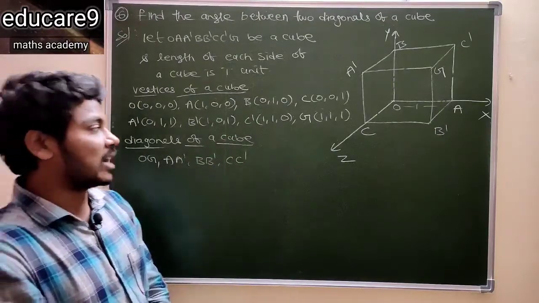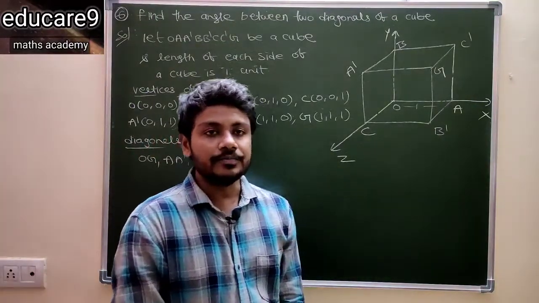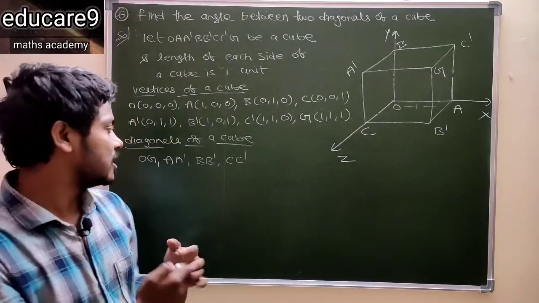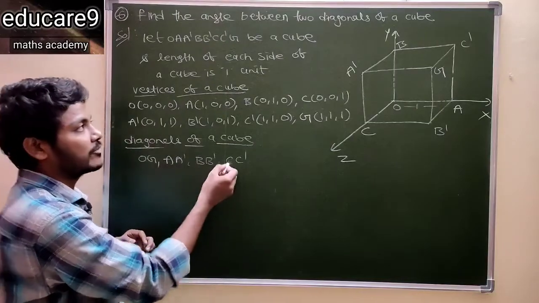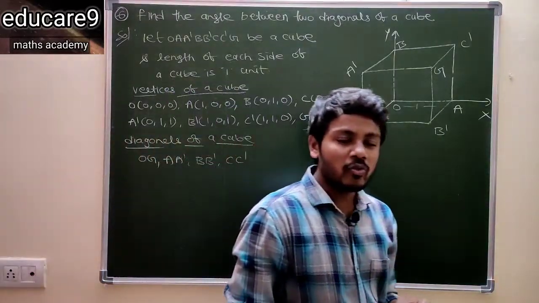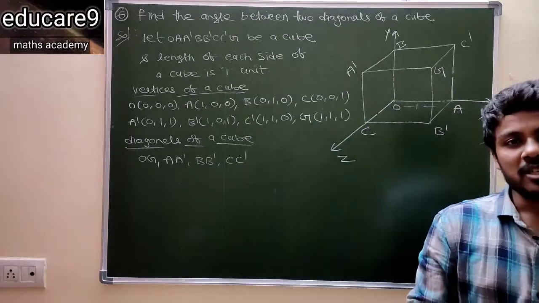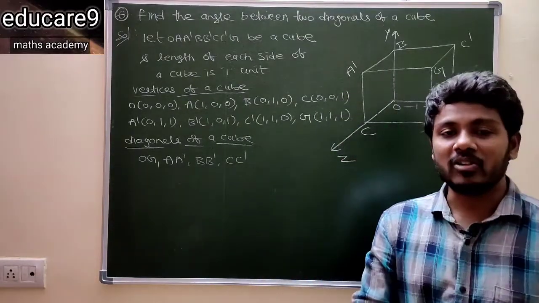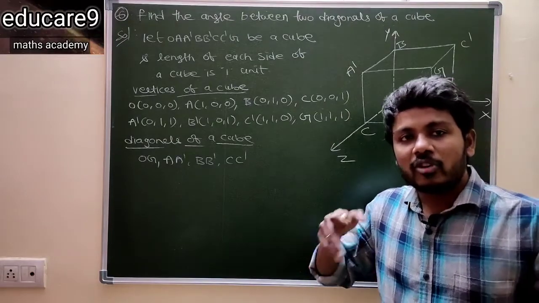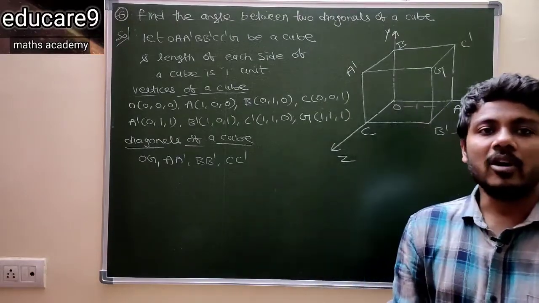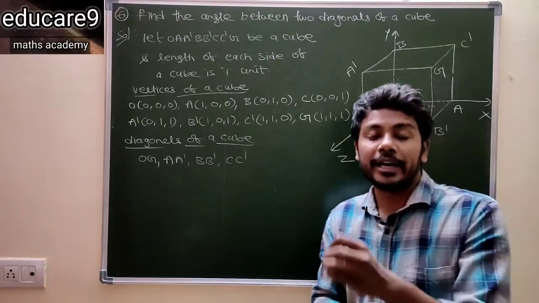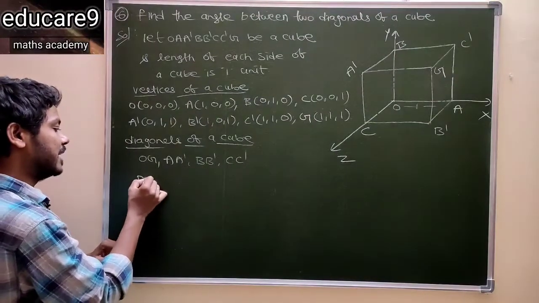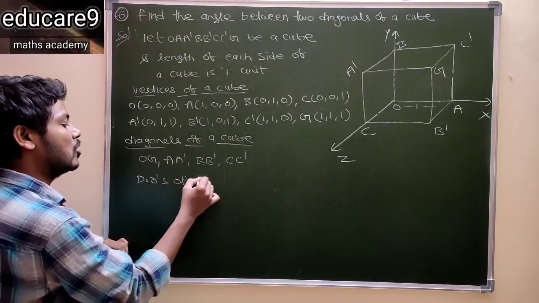So these are the diagonals of a cube. Now we need to find the angle between any two diagonals of a cube. To find the angle between two diagonals, first you need to find the direction cosines of the diagonals. Before finding the DCs of the diagonals, first you need to find the DRs of a diagonal. See here, direction ratios of OG.